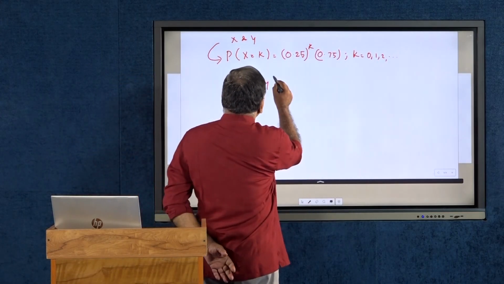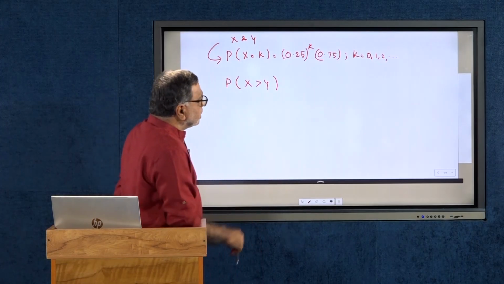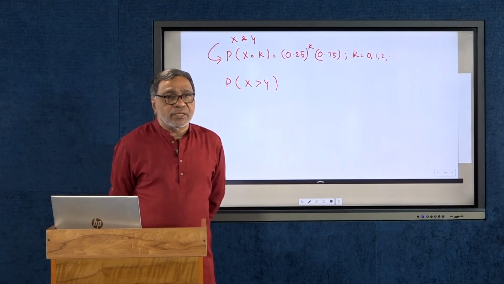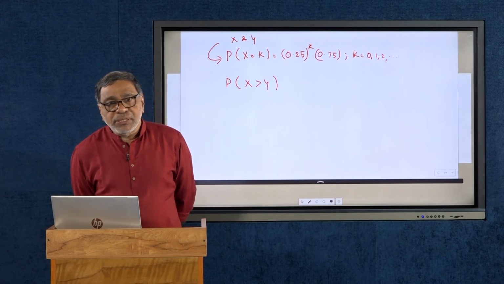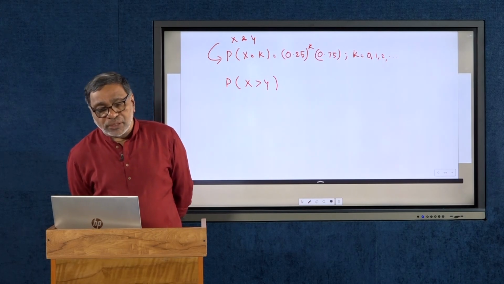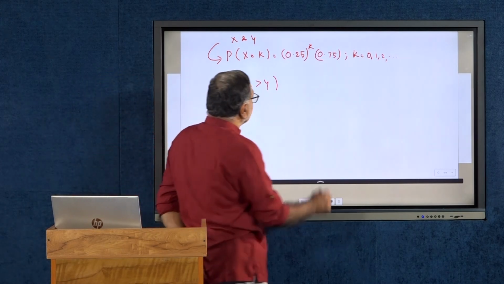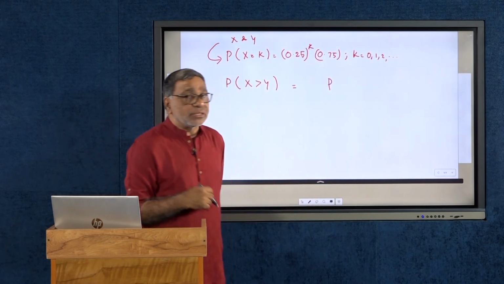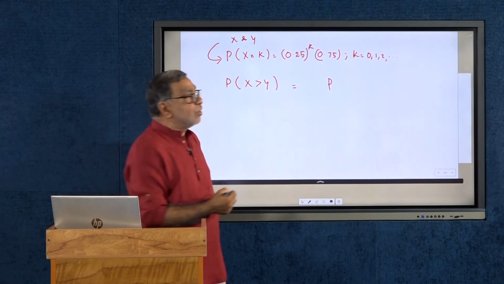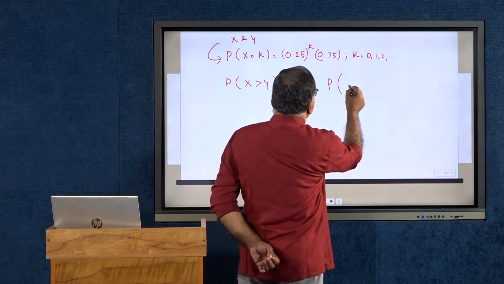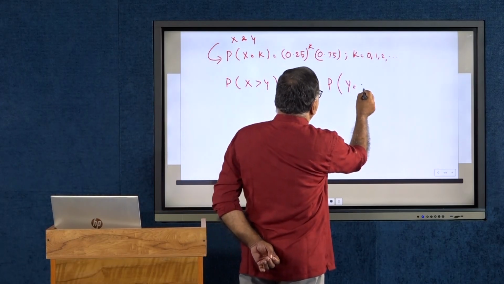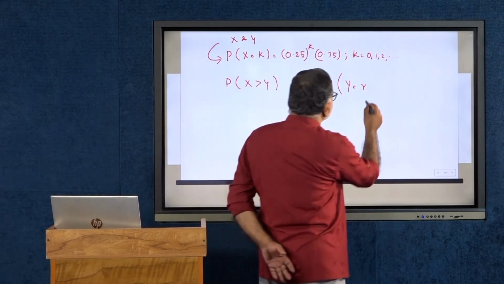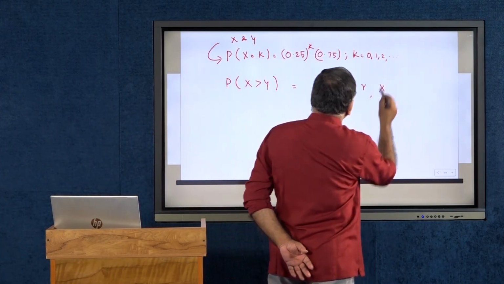As in the previous case, consider the concept behind the probability of X greater than Y. What does it mean? Suppose Y is equal to some value R. What are the possible values for X?